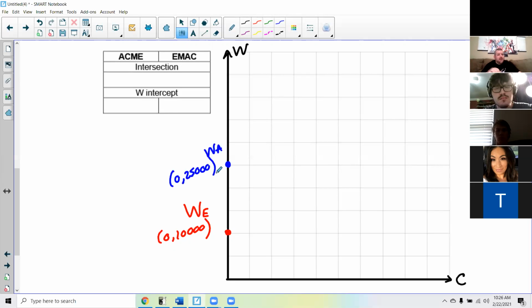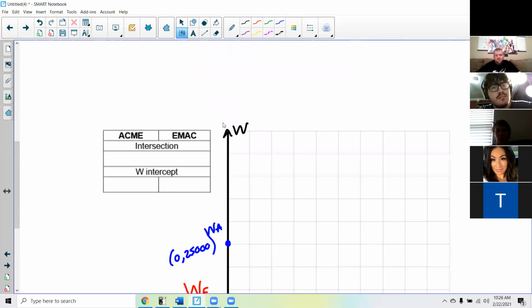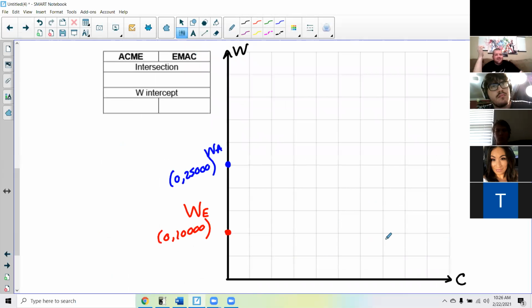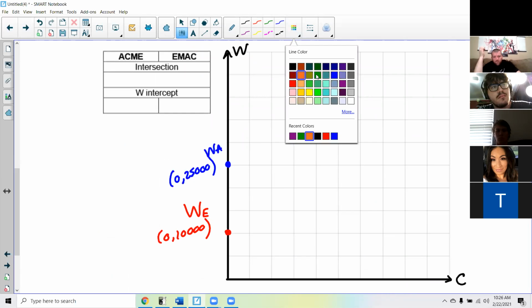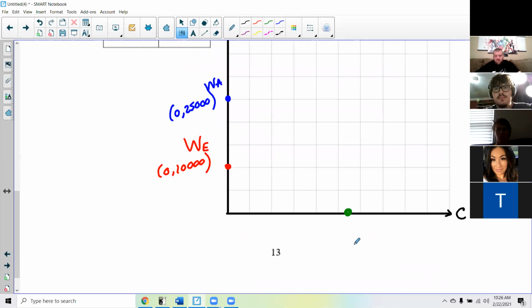That's where they start. And I know where they intersect. They intersect at 150,000, 25,000. Okay, well, where's 150,000 on the c-axis? It doesn't matter. Put it right here. Put it wherever you want. It just has to make sense in relation to the other numbers. Here's 150,000.